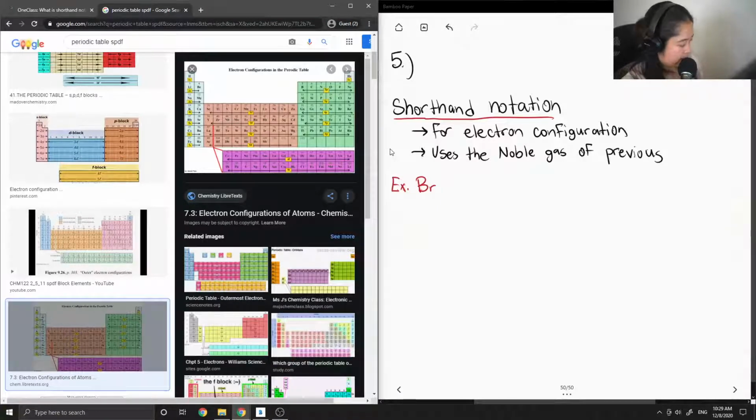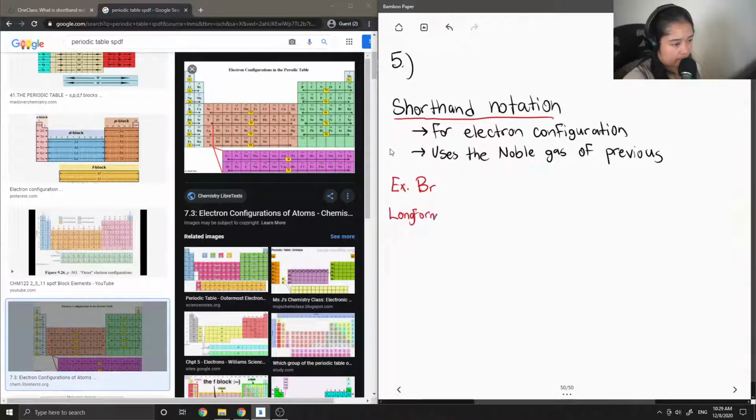So if we were to write the long form for bromine, then its electron configuration, starting at hydrogen, is 1s2, 2s2, 2p6, and then moving on to the third row, we have 3s2, 3p6, and then to the next row we have 4s2, and then when we get to the D block, it's going to be the row minus 1.